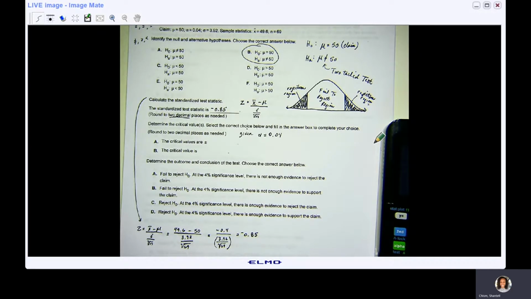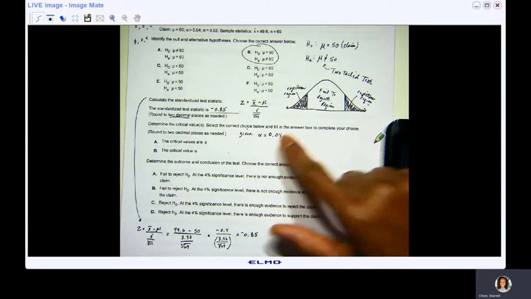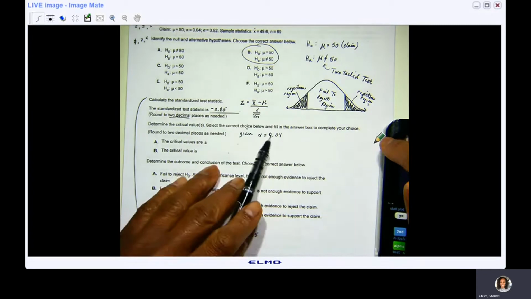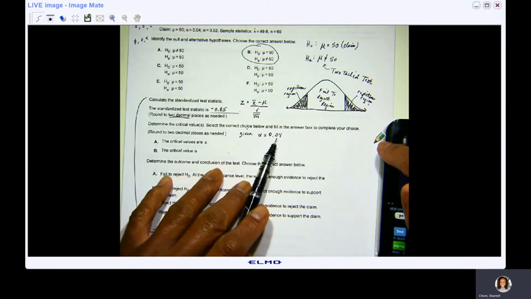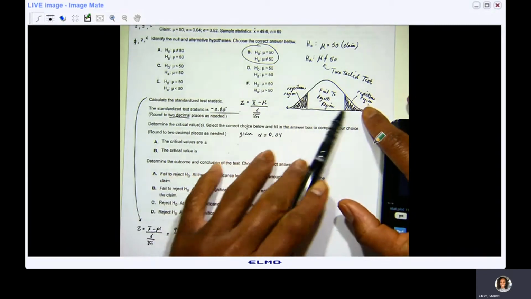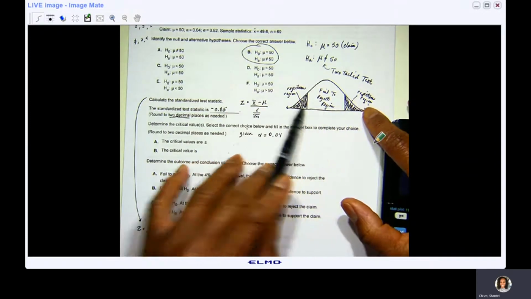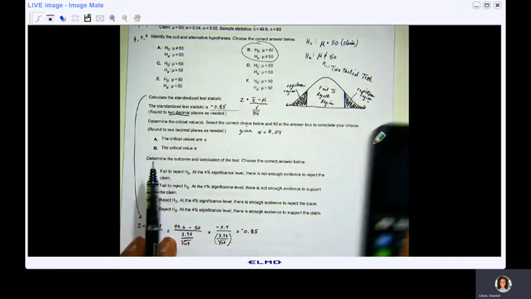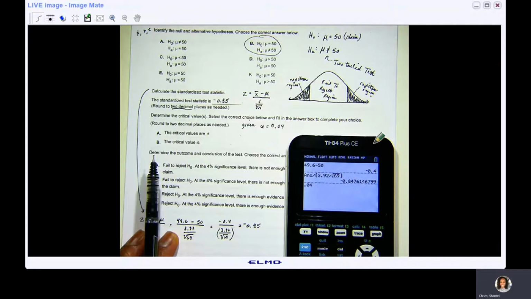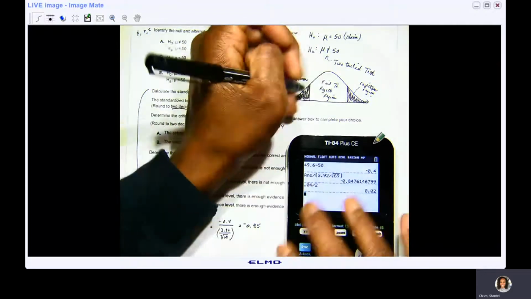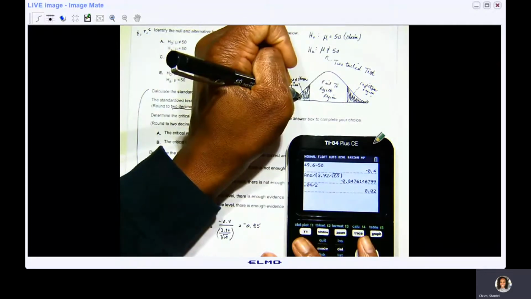It is 4% or 0.04, which means we have this alpha value. This is an area that we have to split between these two regions. So 0.04 divided by 2 is 0.02 in this area.